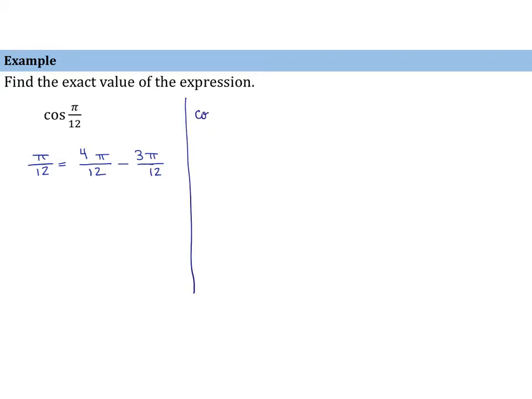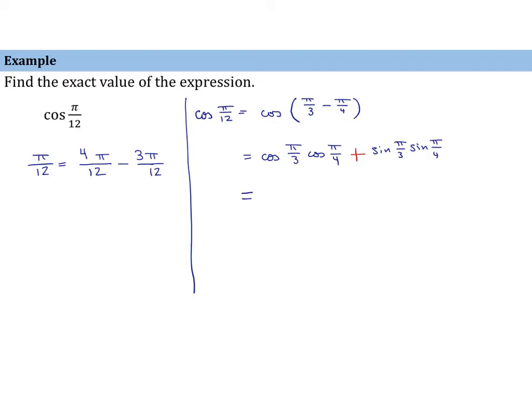So cosine of pi over 12 equals cosine of, now 4 pi over 12 is pi over 3 minus 3 pi over 12 is pi over 4. We have cosine of pi over 3, cosine pi over 4, sine pi over 3, sine pi over 4. So we have cosine, cosine, sine, sine, change the sign.